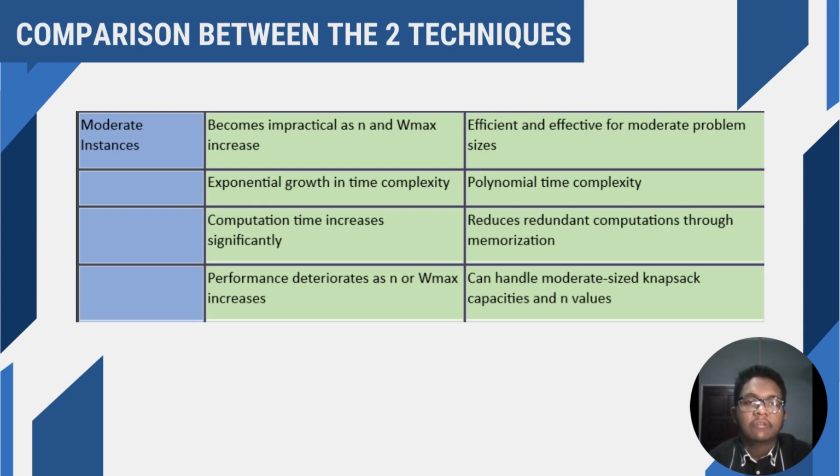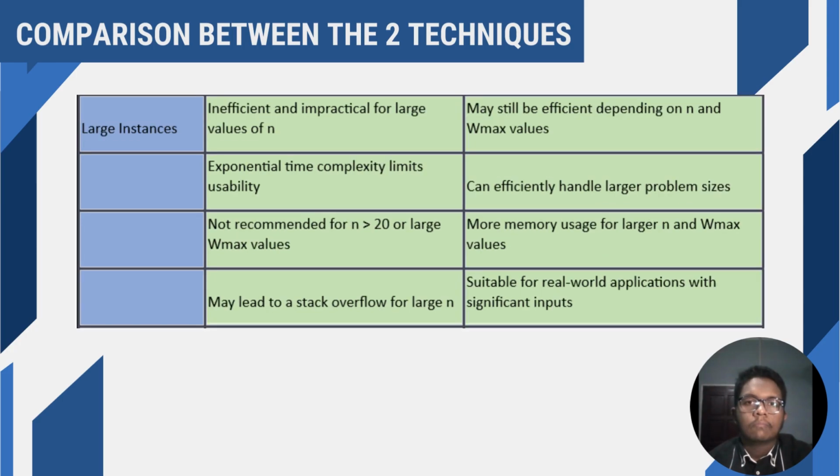As for large instances, brute force is highly inefficient and not recommended for large problem sizes, especially when the number of items n or knapsack capacity W max is very large. Dynamic programming can still be efficient for larger problem sizes depending on the specific values of n and W max, making it more suitable for real-world applications with significant inputs.